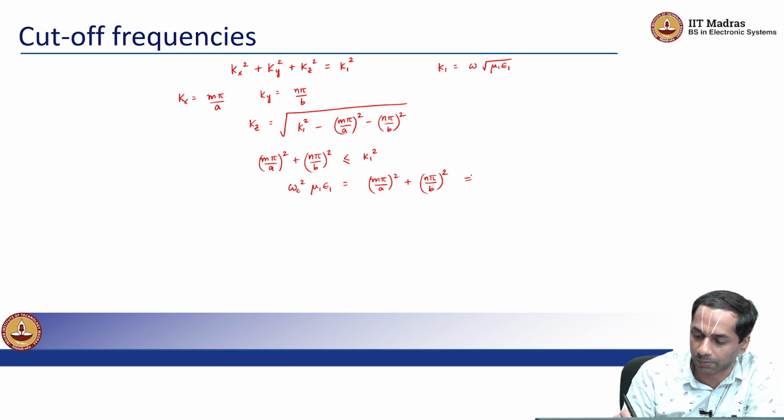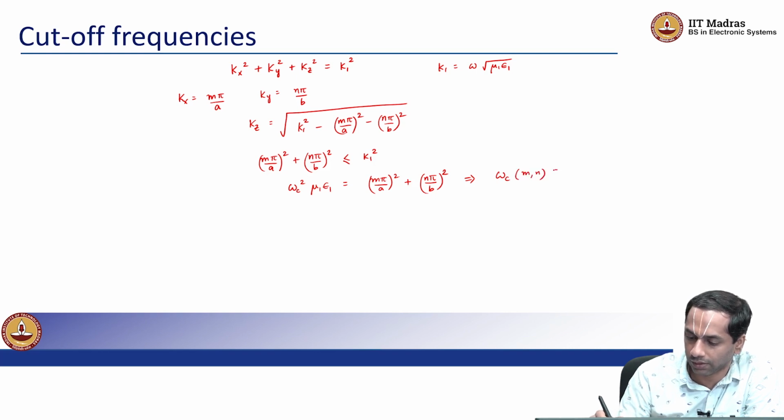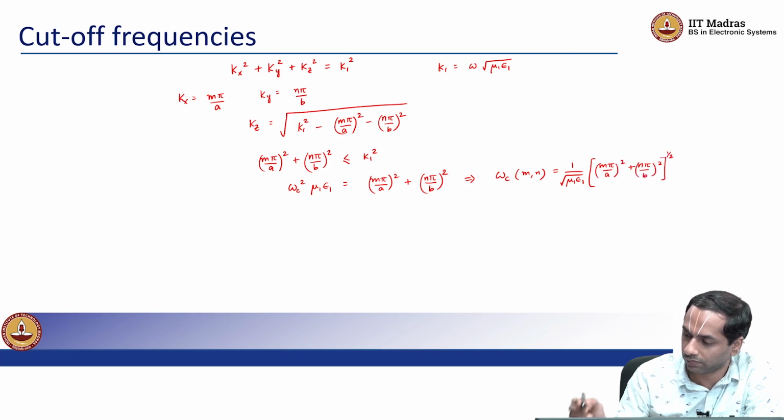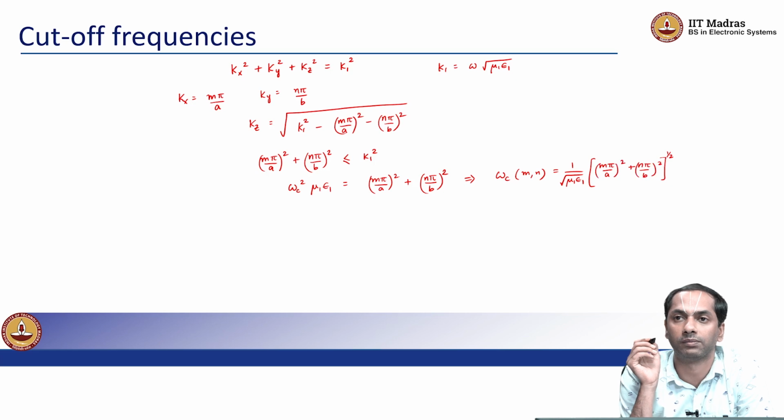Okay, this just implies that my cutoff frequency for a mode index m comma n is given by 1 over square root of mu 1 epsilon 1 times the square root of that sum, right.